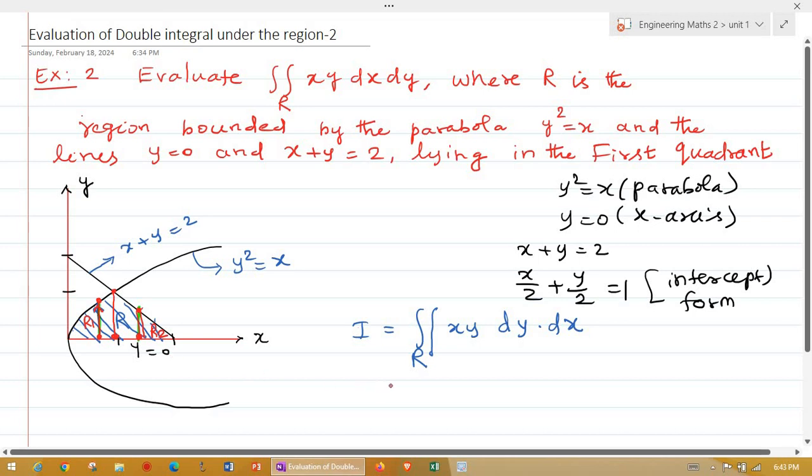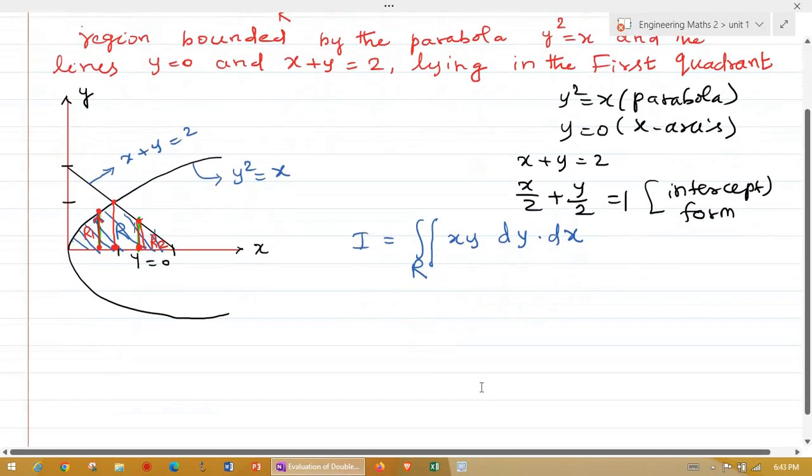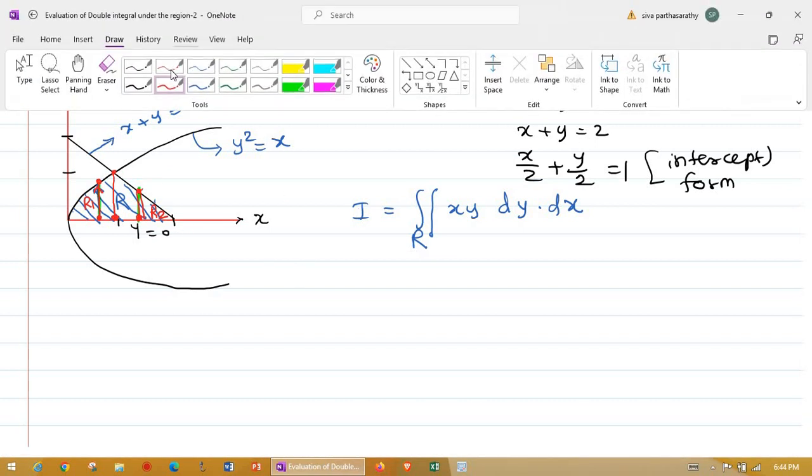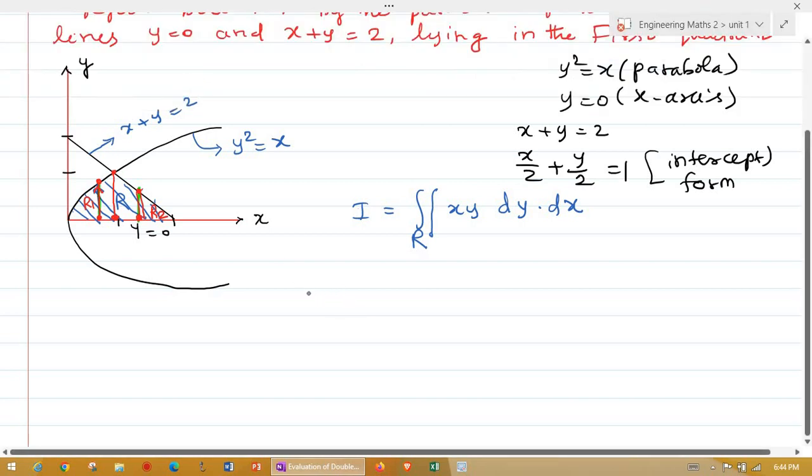So we can write I equal to the double integral over region 1 plus the double integral over region 2.